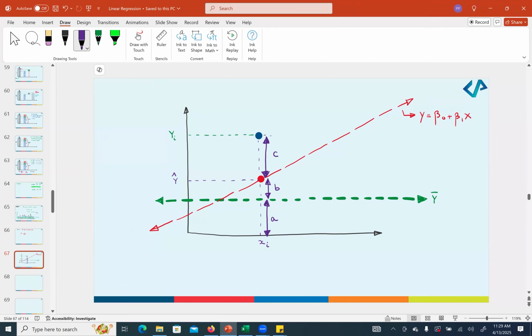That is C. So I have A, B, and C. C being error, B is the variation explained, and A is, let's say, your distance from 0. What was B? B is the variation explained.